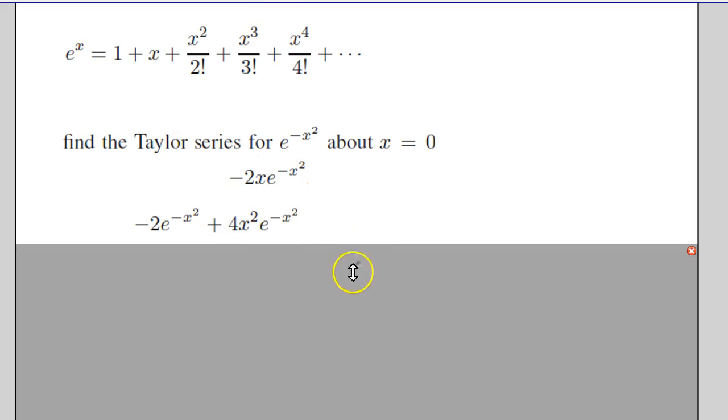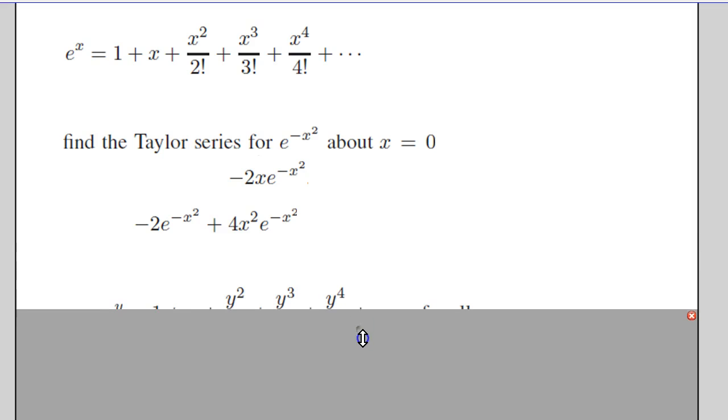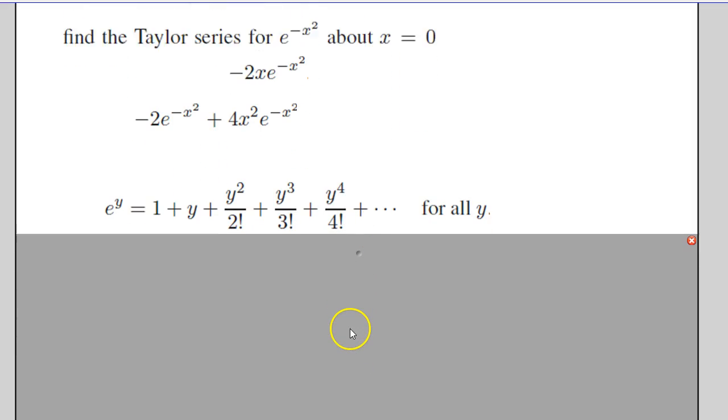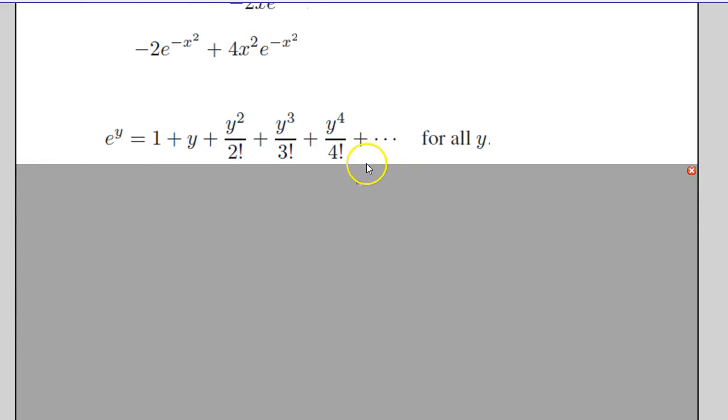If we go even further for the third derivative, we're going to be doing a combination of chain rule and product rules, and it just takes up a lot of time to determine the Taylor series using this method. But if you recall, let's just change the variables, and in this case, instead of x, let's make it y, and e to the y is this Taylor series about y equals 0.